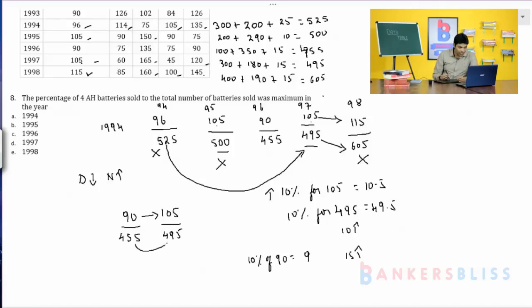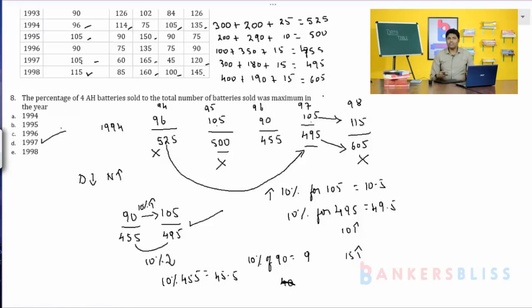Here, what is the difference? 40 is the difference. 10% of 455 is 45.5, so the denominator is increased by less than 10%, while the numerator is increased by more than 10%. So the numerator increasing rate is much more than the denominator increasing rate. Therefore 105 by 495 is the answer, which belongs to 1997. So option D is the right answer.